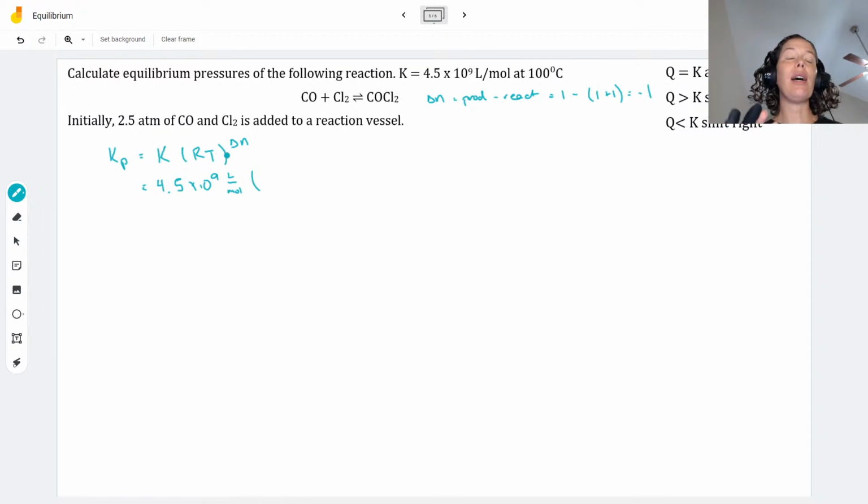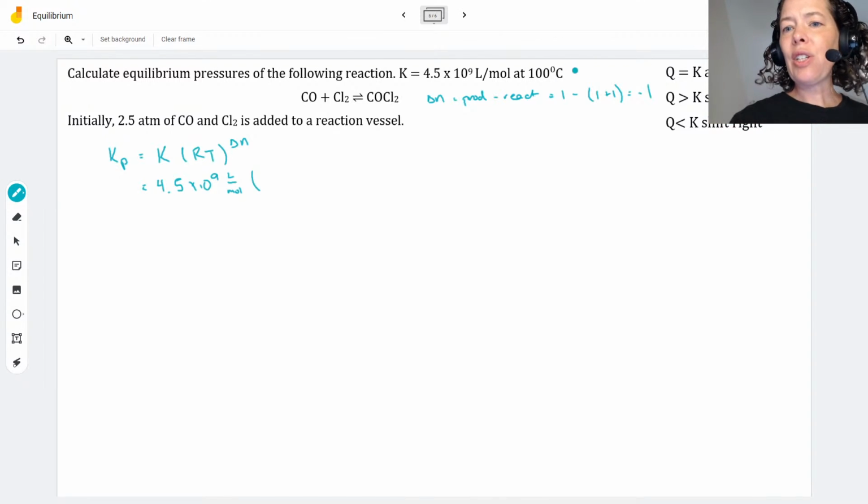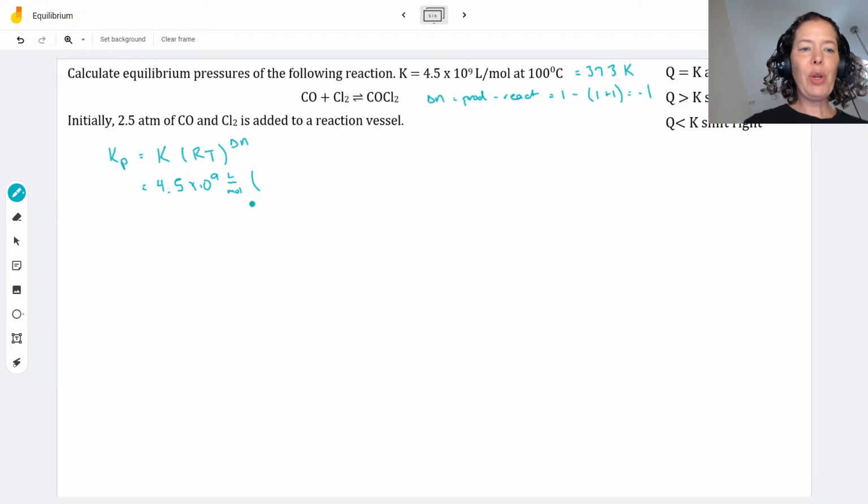So if you have done gas laws before you did equilibrium, which you probably did, you're probably very used to converting Celsius to Kelvin when you're dealing with gases. And this is the same thing. We're going to have to convert to Kelvin for this. And actually, I can do this up here. This is 373 Kelvin. Okay.